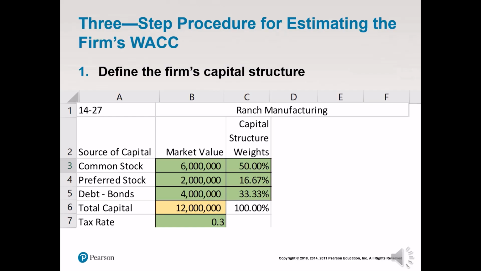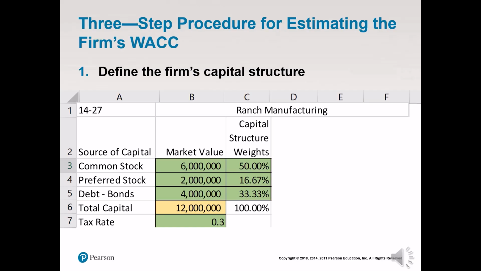If we say that $12 million is 100% of our capital, which it is, we can identify which percentage each one of these different sources of capital has by taking their market value divided by the total capital. So common stock at $6 million divided by the total capital of $12 million equals 50%.